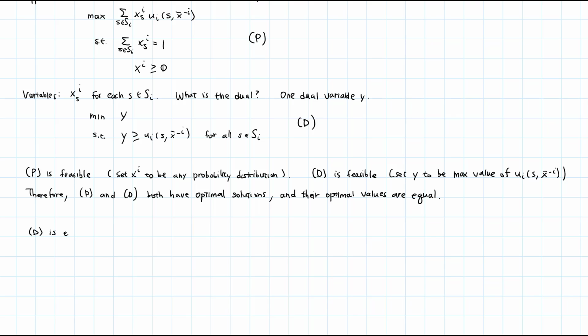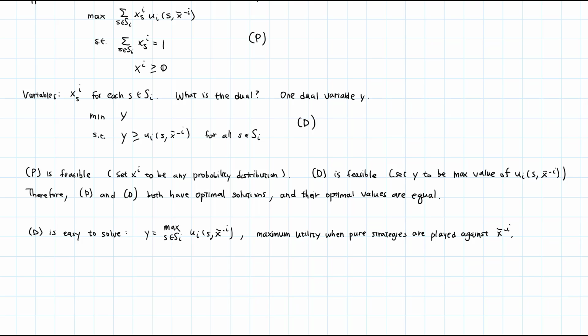Now the dual D is easy to solve. The optimal solution to D is y is equal to the max over all strategies S of i, u_i of S, x bar minus i. This is the maximum utility when pure strategies are played against x bar minus i.